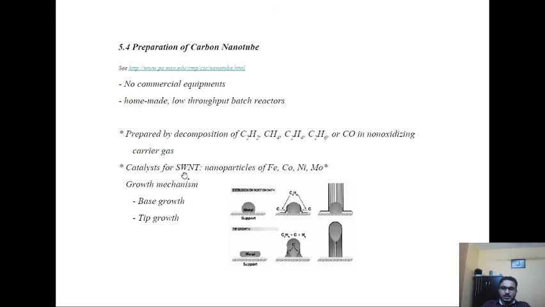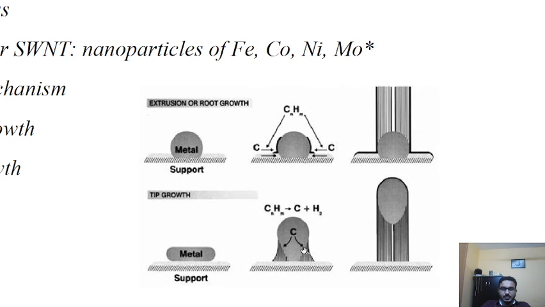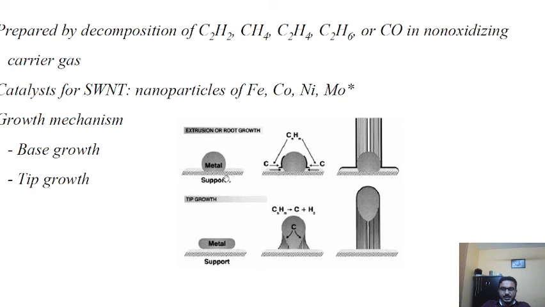The catalysts for SWNT are nanoparticles of iron, cobalt, nickel and molybdenum. Then the growth mechanism is shown here, that is base growth and tip growth. Here we have root growth on the top, and at the bottom we have the tip growth. You can pause this video and check this by yourself.